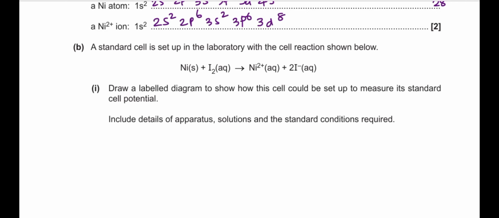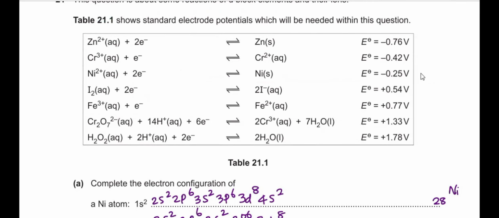First and foremost, we should determine which half cell will be on the left and which one will be on the right. Therefore, let's look at this nickel and iodine systems. Let us shortlist these 2 reaction systems. Looking at them, we can see that the nickel system has got more negative electrode potential. Therefore, we need to rewrite this equation as an oxidation reaction. Currently, it's written as a reduction reaction.